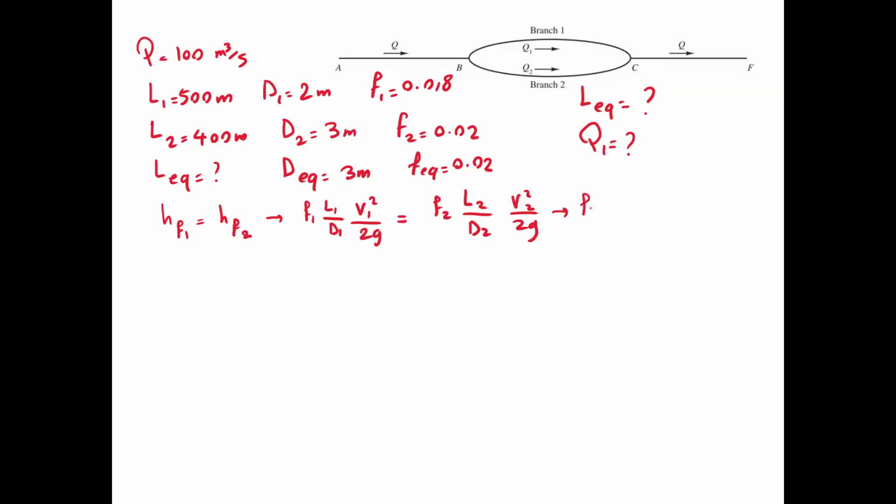So I will replace this one with Q. I did nothing, just replace the velocity with Q. Why? Because I believe that I can do something if I have everything based on Q.